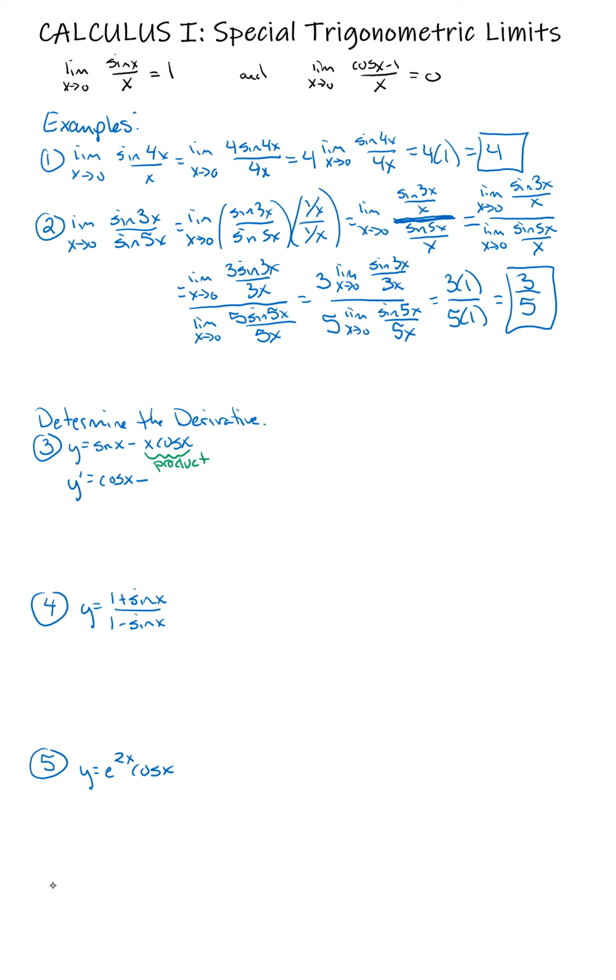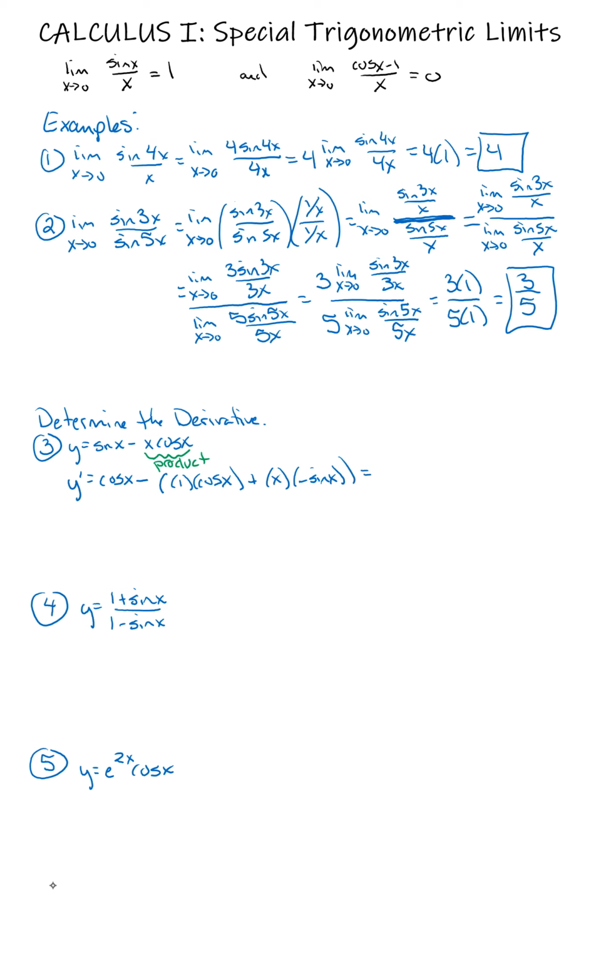Product rule says we take the derivative of the first thing, well, the derivative of x is 1 times the second plus the first times the derivative of the second.